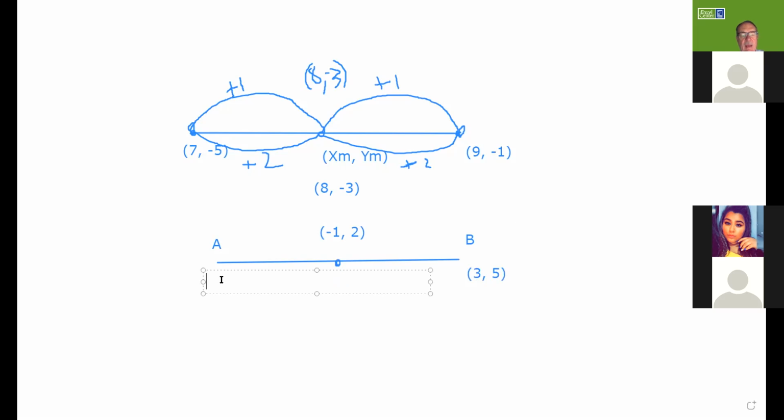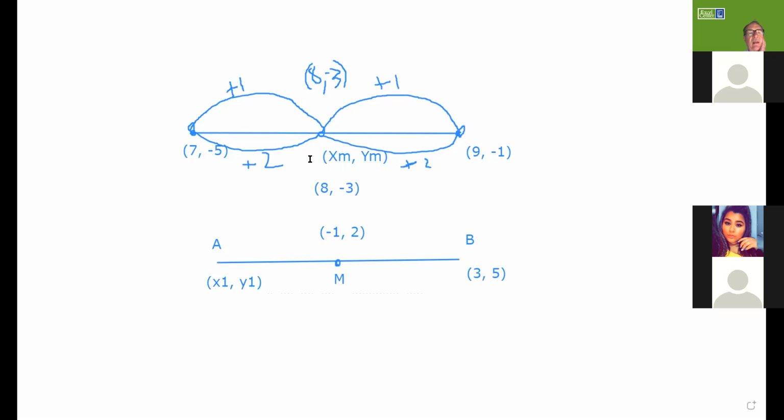We don't know what A is. So let's call this (x1, y1). Because ordinarily in the midpoint formula, A would be the first point, B would be the second point, and M would be the middle point that we're trying to find.